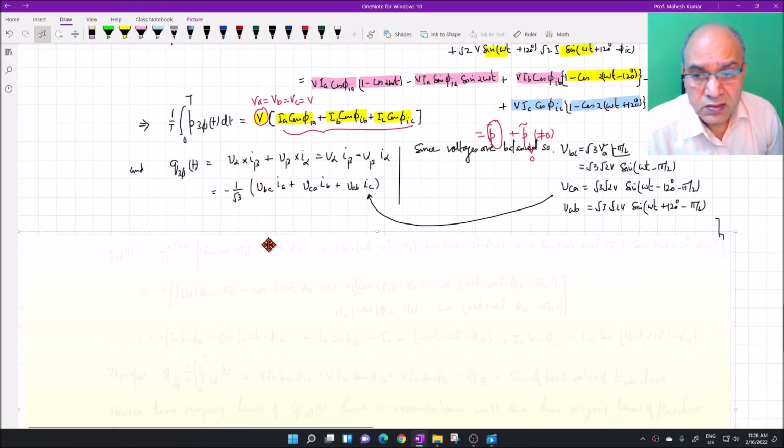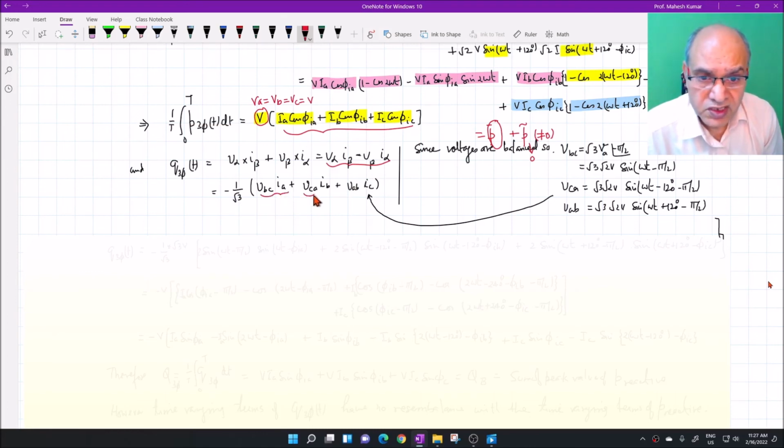Now this power is the same, that is V alpha cross I beta, and then this is V beta cross I alpha, which is the same as V alpha I beta minus V beta I alpha. In terms of ABC parameters, minus 1 by root 3 times VBC into IA, VCA into IB plus VAB into IC.